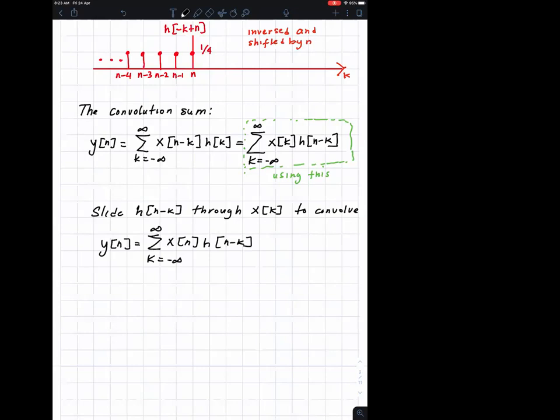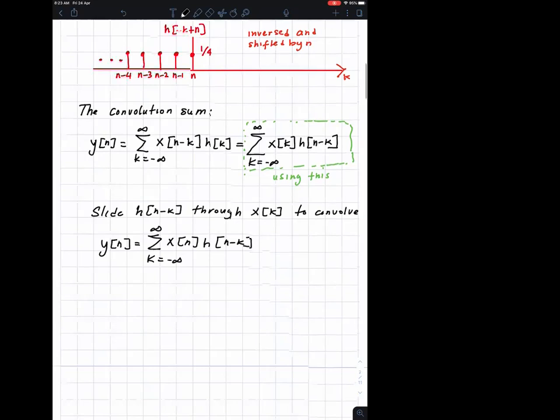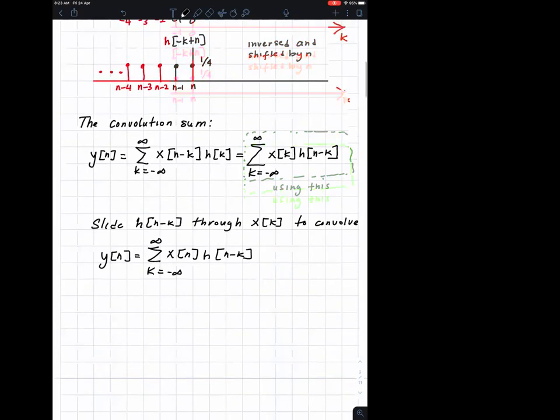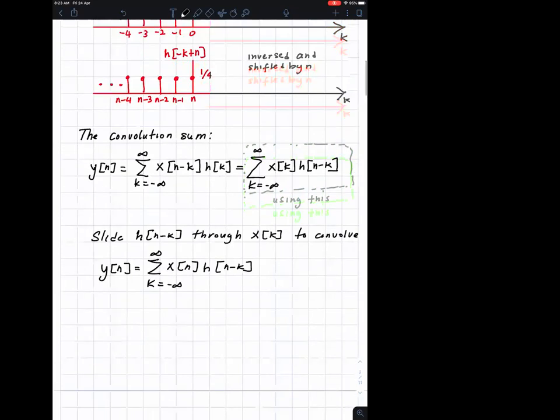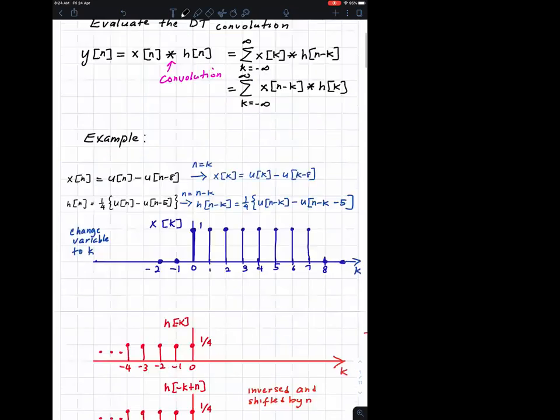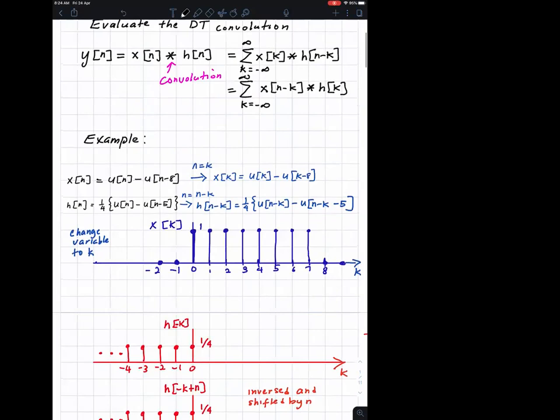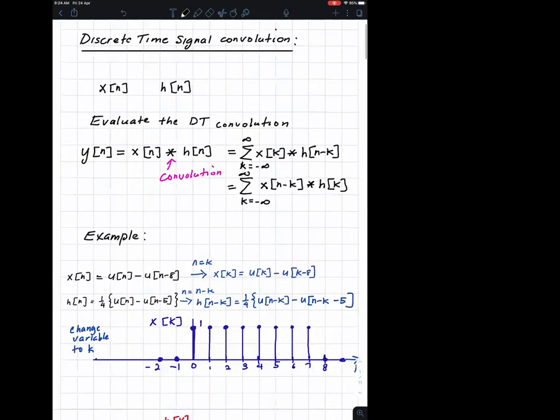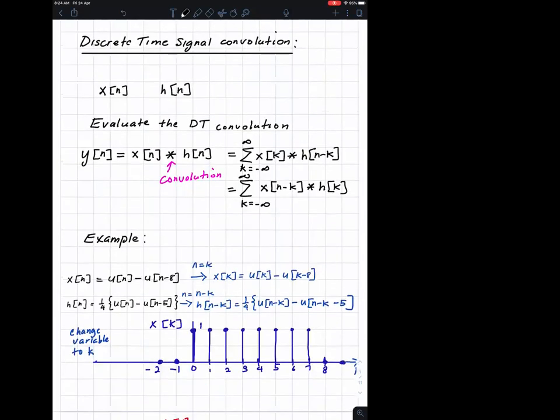Okay, are we still there? Yes, sir. Sir, can you scroll up a bit more for the h bracket? Why don't we substitute the u[n minus k minus 5] over there, the behind part?